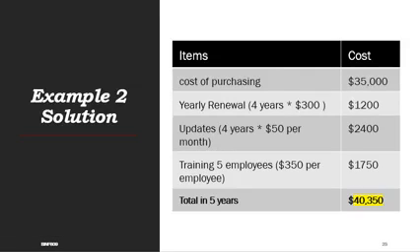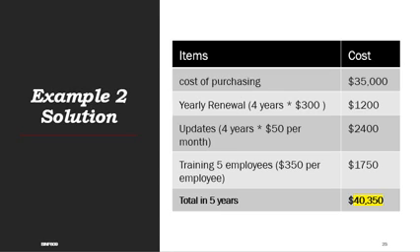So as you see in this table, the cost of purchasing the system is $35,000. The renewal fees per year is $300 multiplied by 4 years, so the total is $1,200. The upgrades, $50 per month for 4 years, so the total is $2,400.